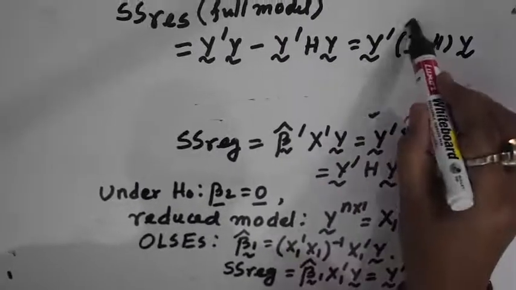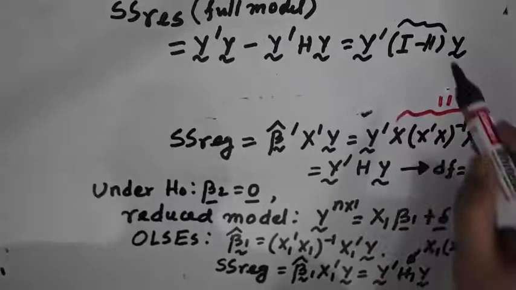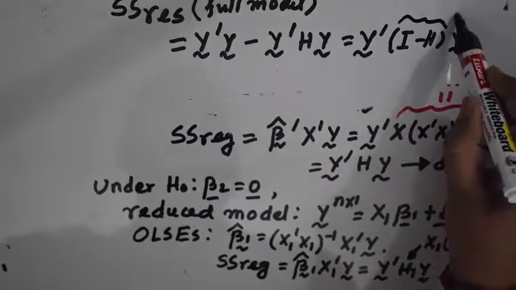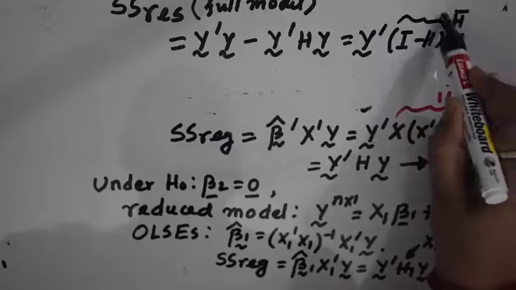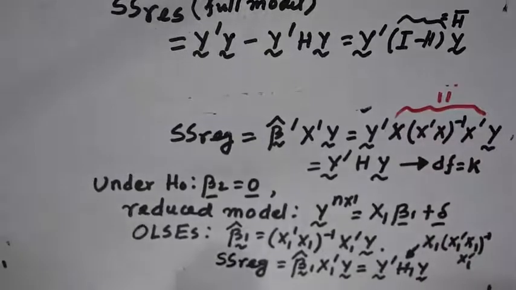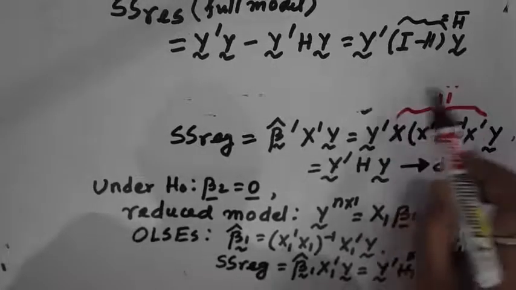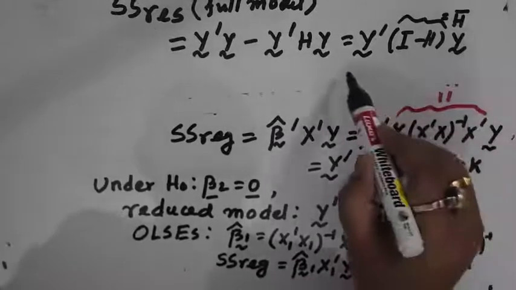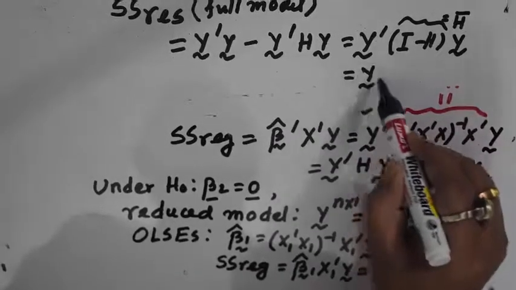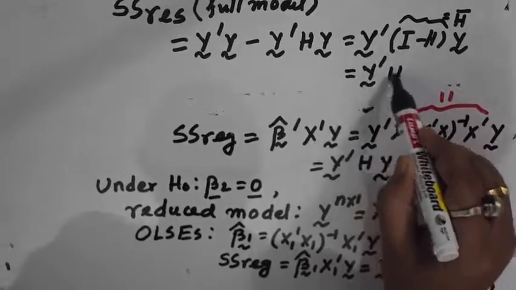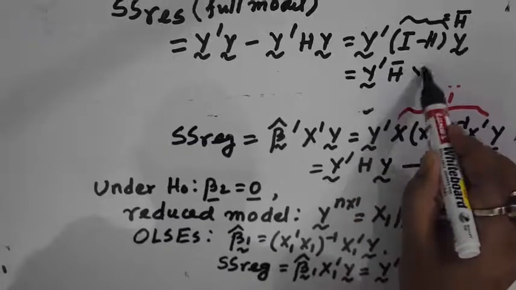We denote this I minus H equal to H bar. So we write it as y curl prime H bar y curl.